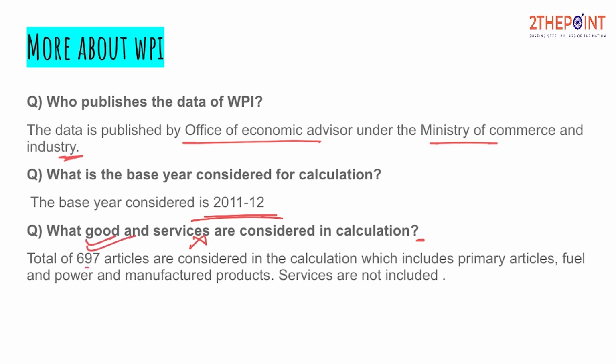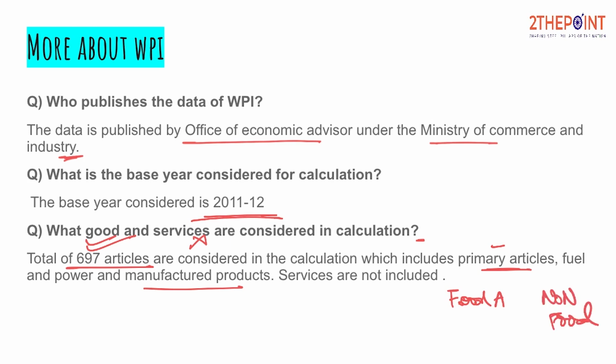There are a total of 697 articles considered in the calculation, which can be broadly categorized into primary articles, fuel and power, and manufactured products. Primary articles are further divided into food articles and non-food articles.